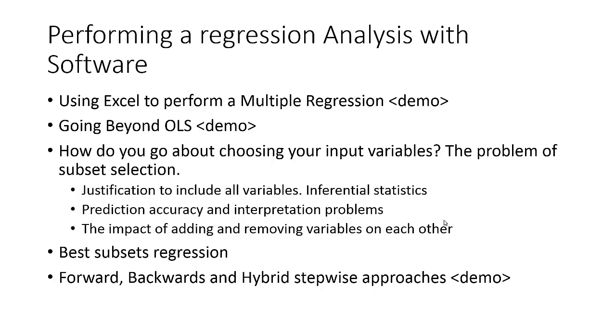Okay. Now, when that is not possible, we tend to go towards the sequential methods, and the problem with that is that there is a certain impact of adding and removing variables on each other. So I can never say that I'm going to add this variable and it's going to cause this effect, and then choose to remove another variable at a different point of time, because the effect of adding or removing a variable impacts other variables.